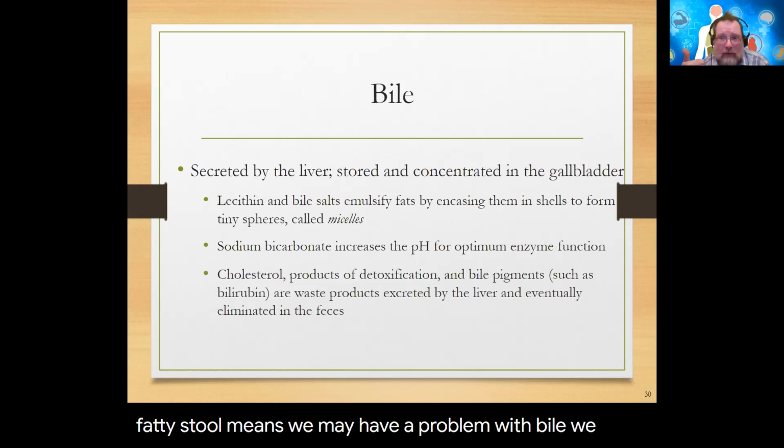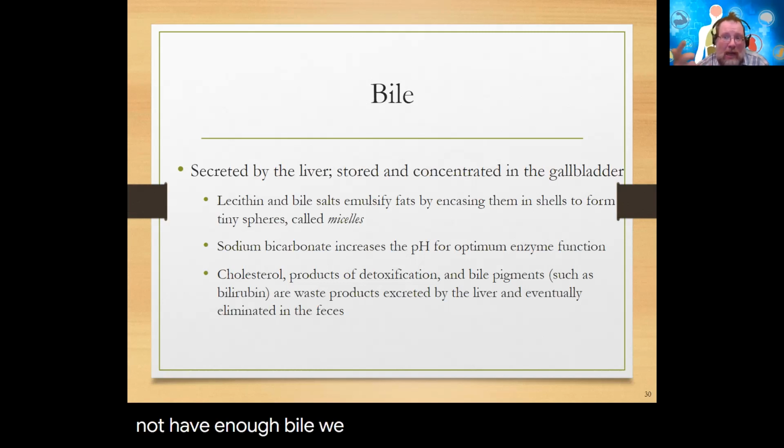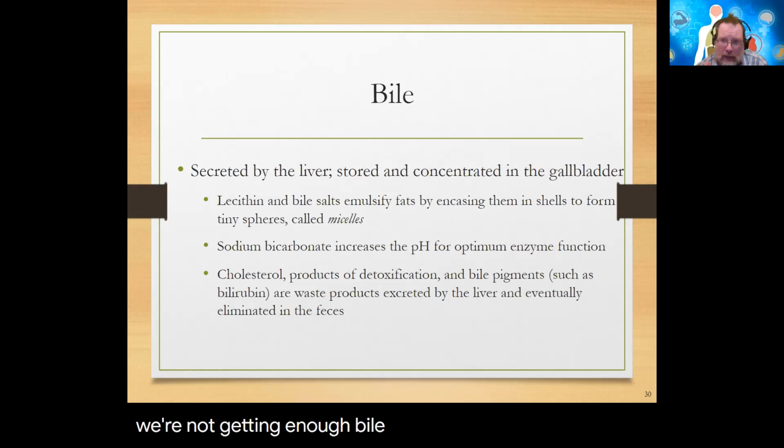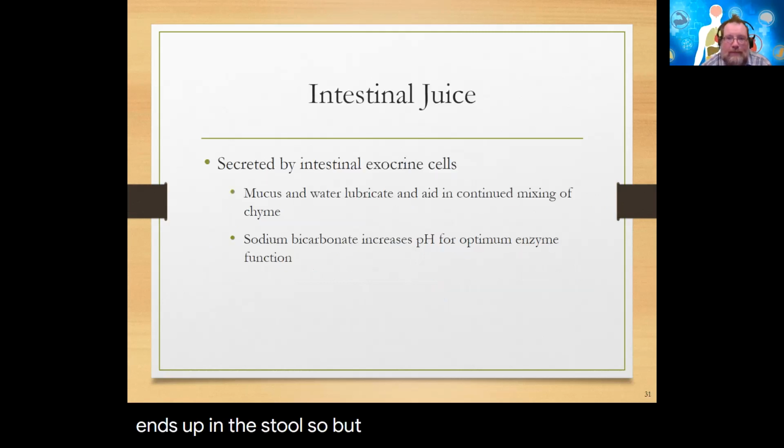We may not have enough bile. We may have a blockage. Sometimes gallstones could get stuck in that duct, the cystic duct. So we're not getting enough bile released. So we end up with some of the fat not getting absorbed in the body, and it ends up in the stool. So, but anyway.